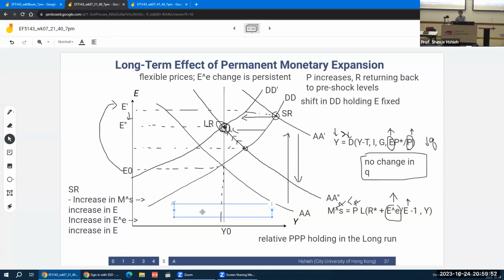The long run: we have two markets that respond to the change in prices. For the AA curve, we have an increase in P, which will decrease E. So I don't want to confuse people.